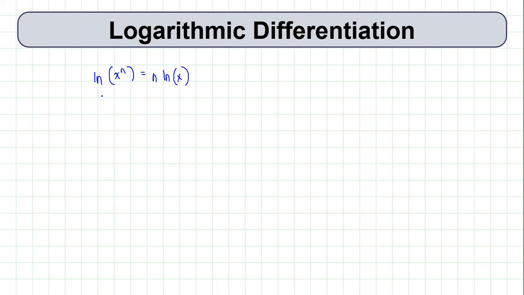So ibig sabihin pala, kung meron tayong power form or meron tayong exponent sa loob ng ln, pwede nating ibaba yung ating exponent n doon sa labas ng ln. Tatandaan natin yan, kasi mapapadali yung ating pagdi-differentiate kasi alam na natin kung paano kunin ang derivative ng ln of x.